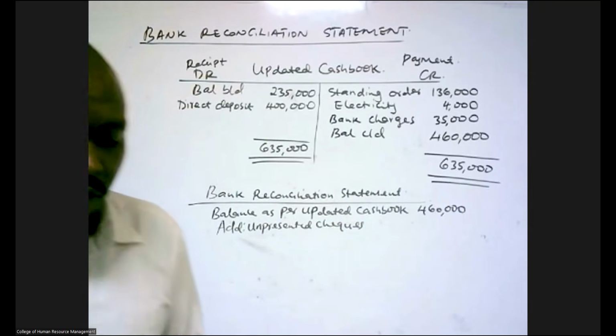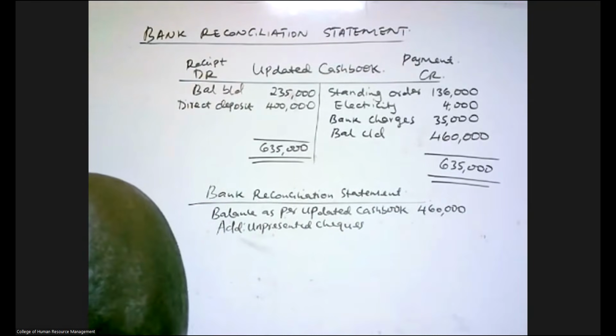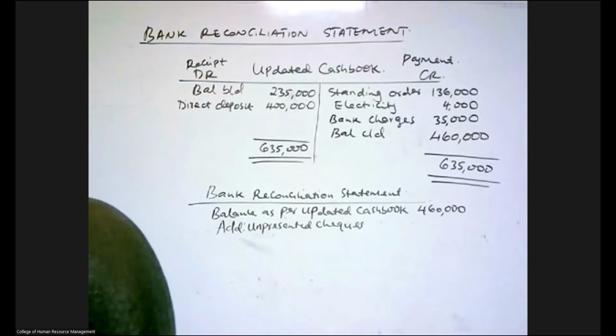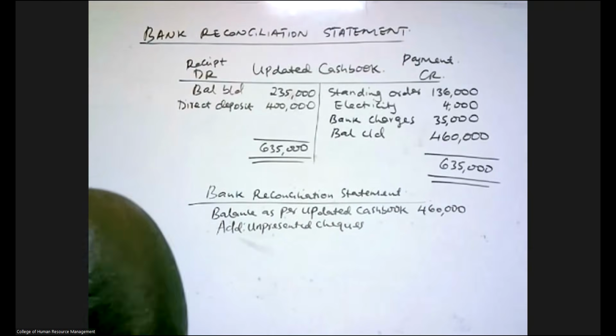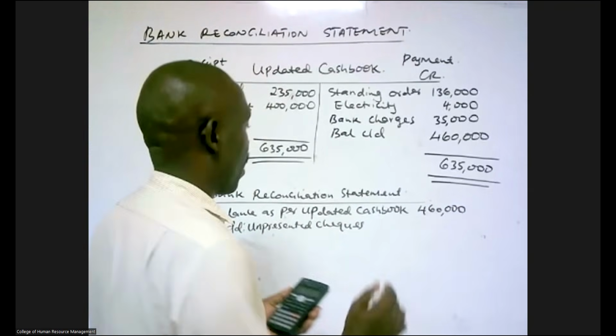Unpresented checks are those checks that we paid the suppliers, but the suppliers have not presented them for payment. So Musa, Ann, and Odhiambo, let us add the figure 170,000 plus 290,000 plus 325,000. We are getting 785,000.